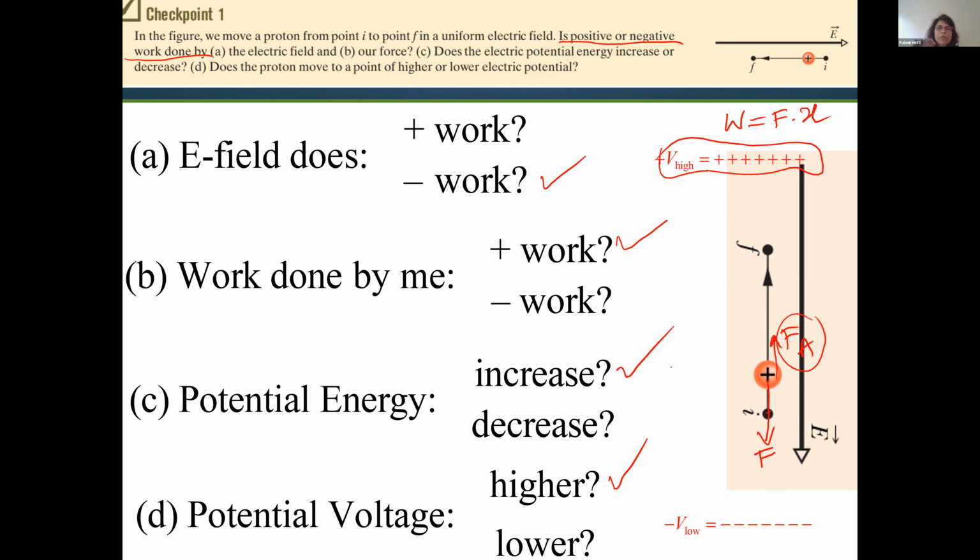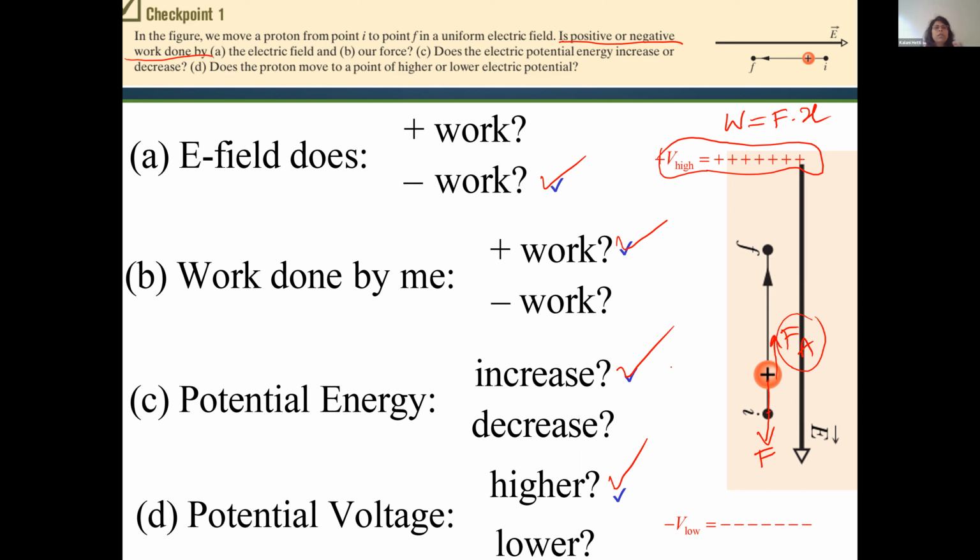Okay, so now this is understanding about what the electric field does, what you do, where the positive terminal is, where the negative terminal is, and what direction your proton will move if you apply the electric force or electric field in that direction.